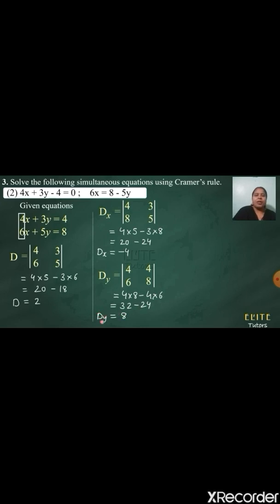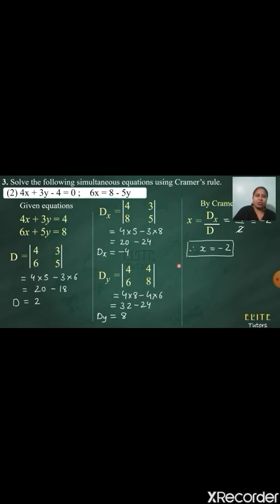Now by using Cramer's rule, we have to use the two formulas which we have learned, that is x is equal to dx upon d and y is equal to dy upon d. So x is equal to, write the formula dx upon d, and in exam you need to highlight such formulas. So dx is how much here? Dx is minus 4 and d is 2. So minus 4 by 2 is equal to minus 2. Hence the first variable that we have got here is x and the value is minus 2.